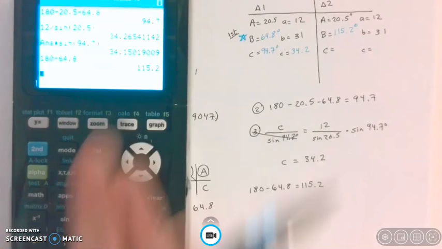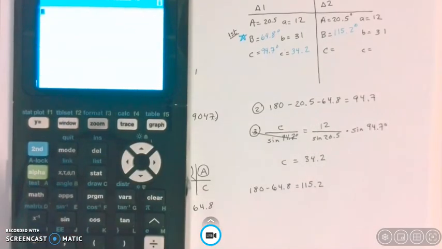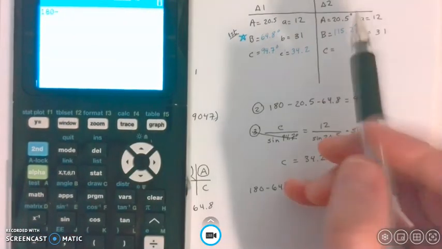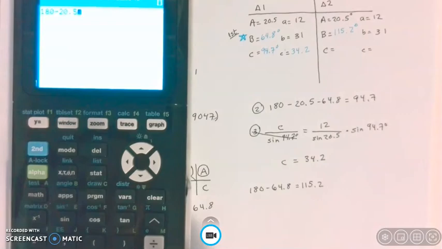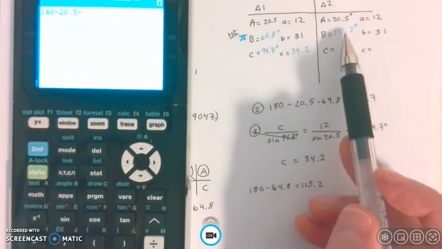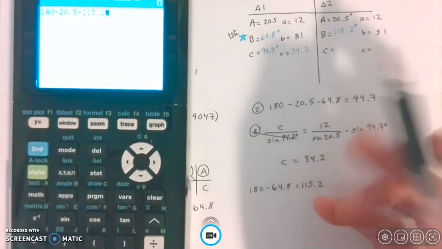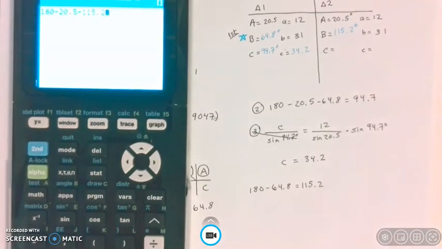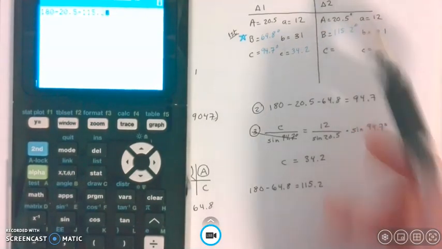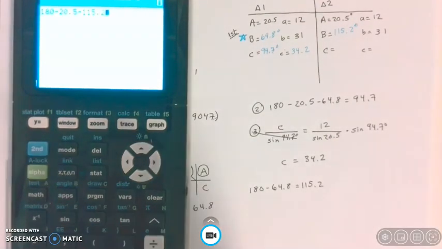We know that a triangle has 180 degrees, so if I do 180 minus 20.5, which was the given angle, minus the other possibility for B, which is 115.2, if I end up with some angle measure that C could be, then I have a second triangle. If I end up with something over 180, then it's not possible for there to be a second triangle. So let's see what we get. We get 44.3 degrees.